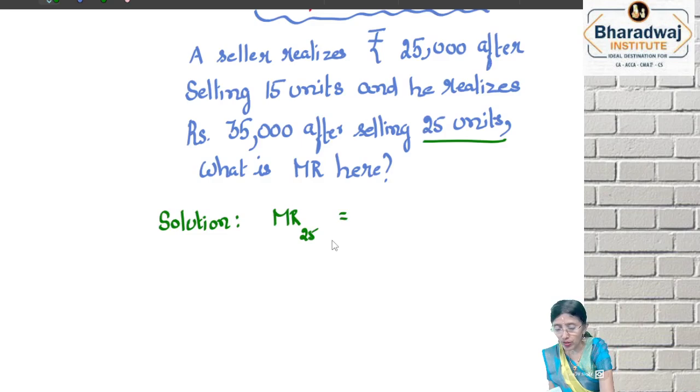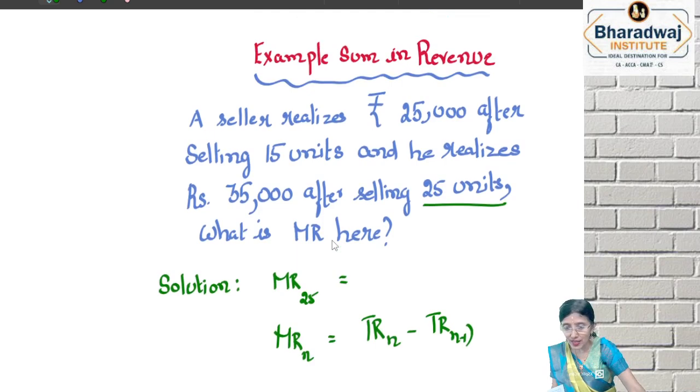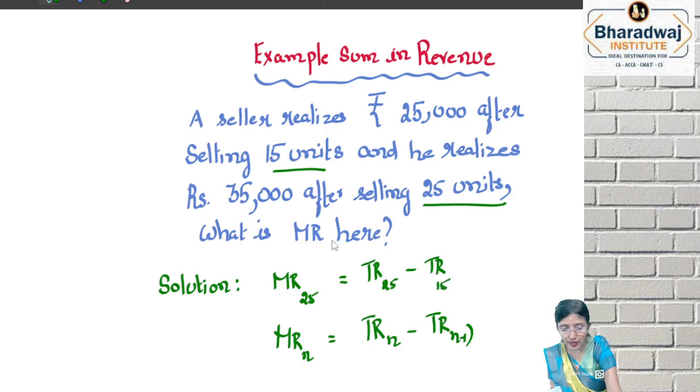I have to find out MRn, it will be TRn minus TRn minus 1, isn't it? That is the formula you all know, right? But here, how are we going to use it? Given this data, look at this. For me, it will be TR of 25 minus TR of 15.